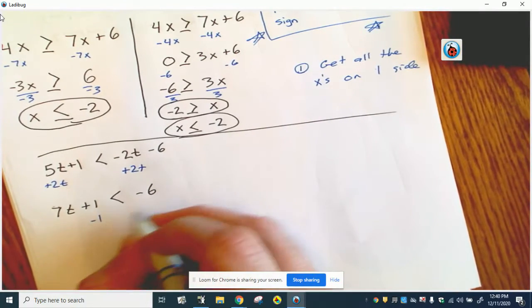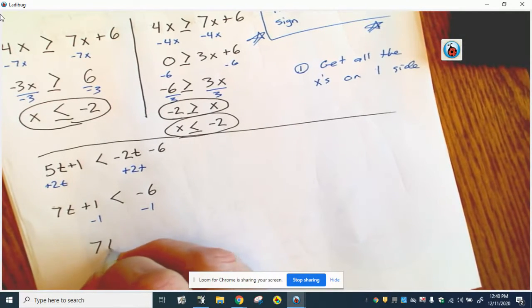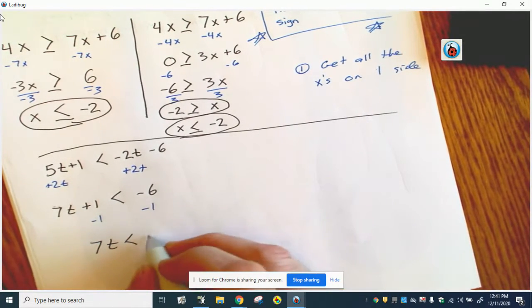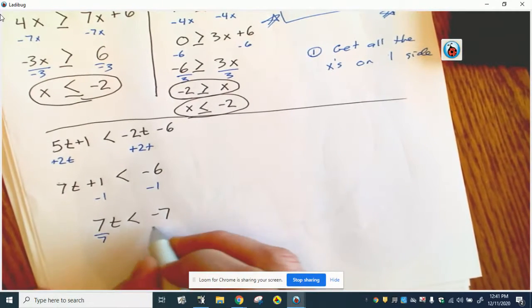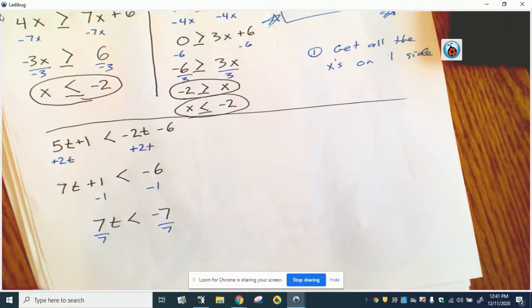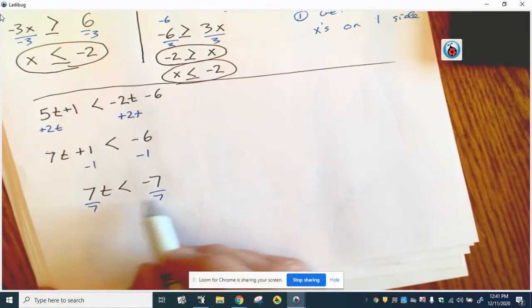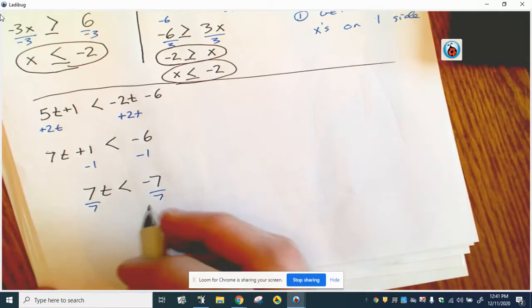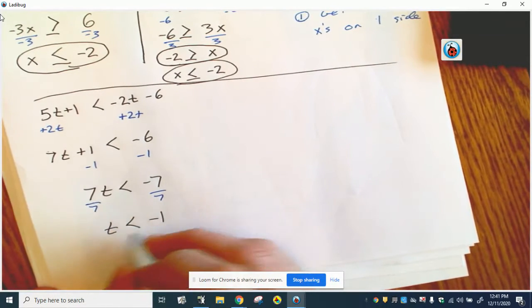Then we would minus the 1, right? So I have 7t, not going to flip that sign over, negative 7. And the last step is to just divide by 7. Now again, we're not dividing by a negative, even though this 7 is negative. The number we're dividing both sides by, this 7, is positive. So we would not flip that sign over. We would just get negative 1.